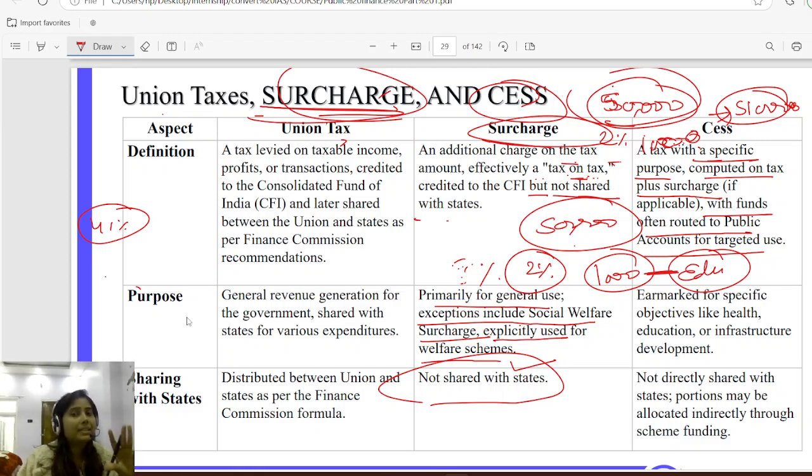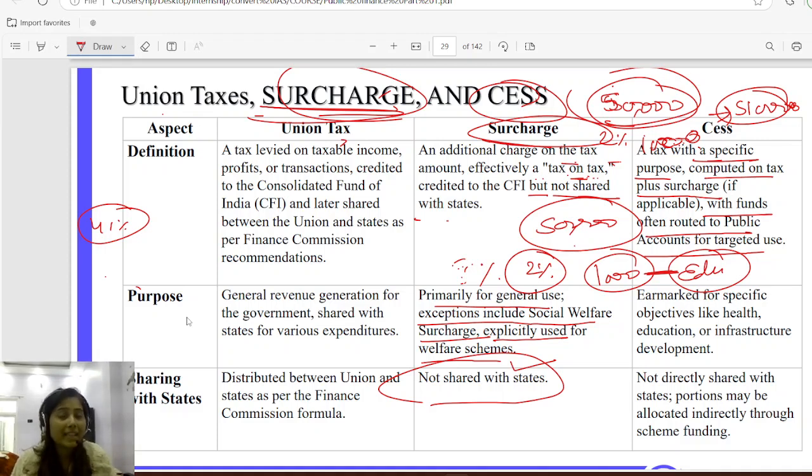What happens is that the central government is charging a lesser percentage of tax, and then charging a higher surcharge and cess from that person. So in total they are getting higher tax, but when it comes to distributing among states, they are distributing a lesser amount. Why? Because most of the amount they are getting is in the form of surcharge and cess, which is not being distributed to the states.